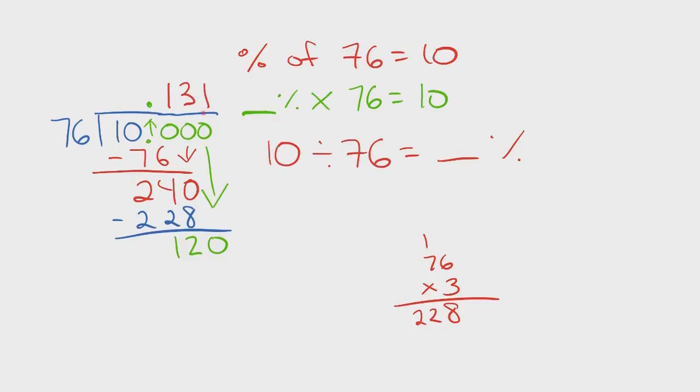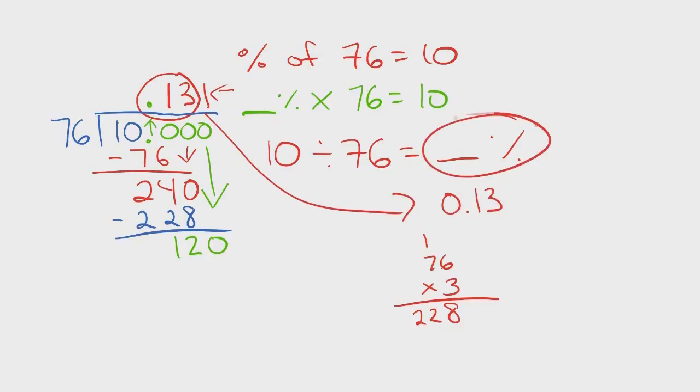I don't need to go any farther because I see this right here is going to be 13 because this is less than 5. And what is the rule? If it's less than 5, you don't round up. If it's 5 or greater, you round up. So I can come over here really quick and write 0.13. And since the answer is a percent, let me change the color so you can see that.